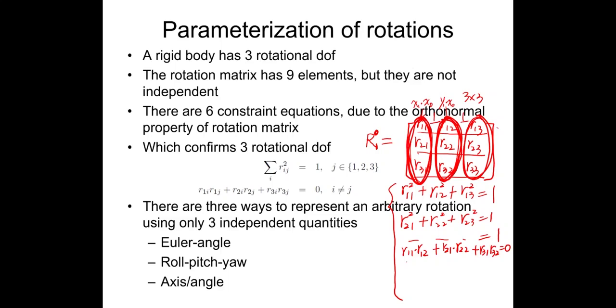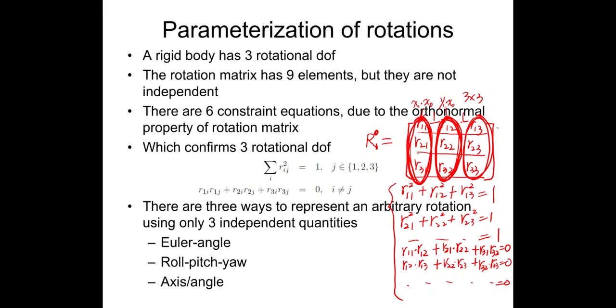So then we have R12 times R13 plus R22 times R23 plus R32 times R33 equals 0. And then we also have the first and third columns, they're perpendicular, so that is also 0.